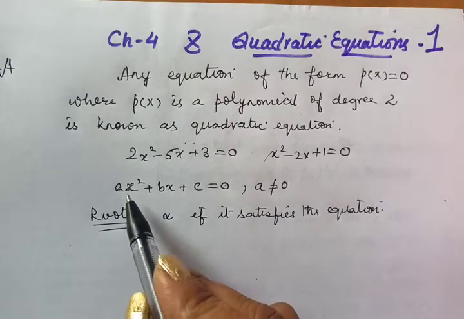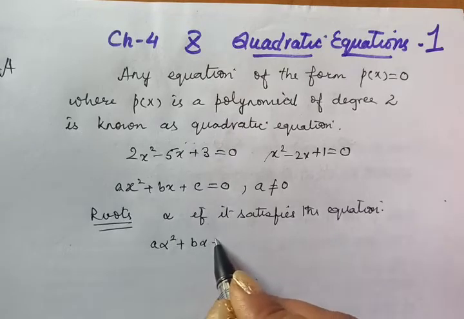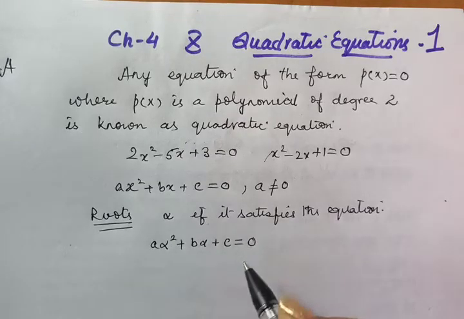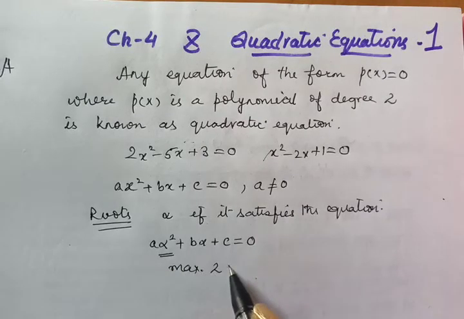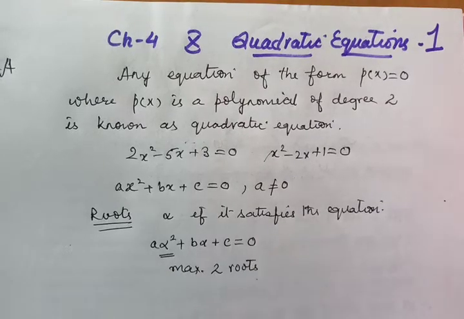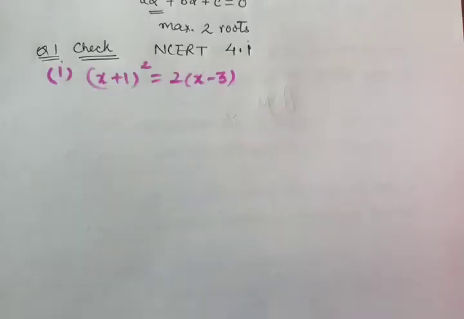So if I put alpha in place of x, a alpha square plus b alpha plus c should be equal to 0, then we can say that alpha is a root of the equation. A quadratic equation can have a maximum of 2 roots. Alright, this is also possible that a quadratic equation has no real root, 0 real roots. This we shall be studying in the upcoming exercises.